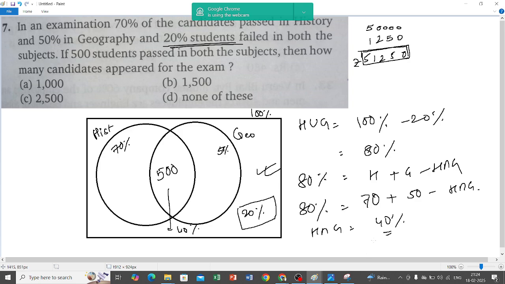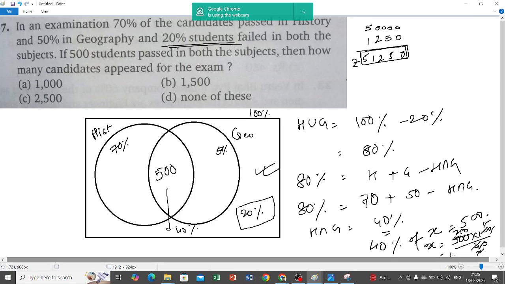That means 40% of the total number of people is equal to 500. Now what is X then? 500 into 100 by 40, which is 1250. So none of this is the answer.